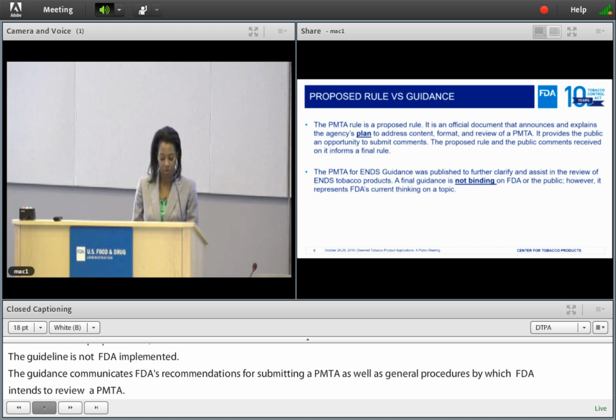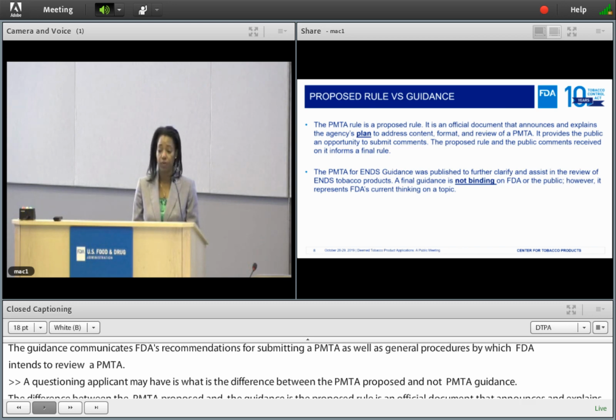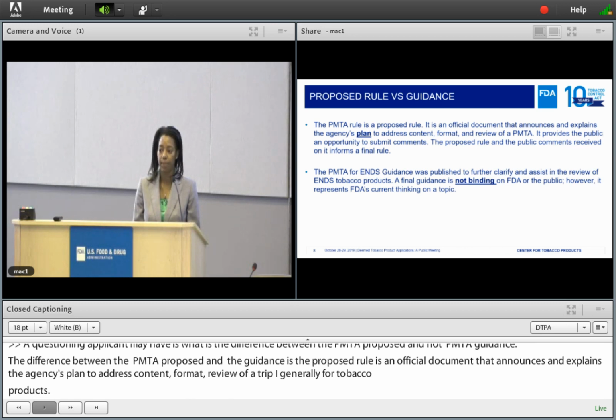The proposed rule is an official document that announces and explains the agency's plan to address content, format, and review of a PMTA, generally for tobacco products. The PMTA for ENDS guidance was published to further clarify and assist in the review of ENDS tobacco products. A final guidance is not binding on the FDA or the public. However, it represents FDA's current thinking on a topic.